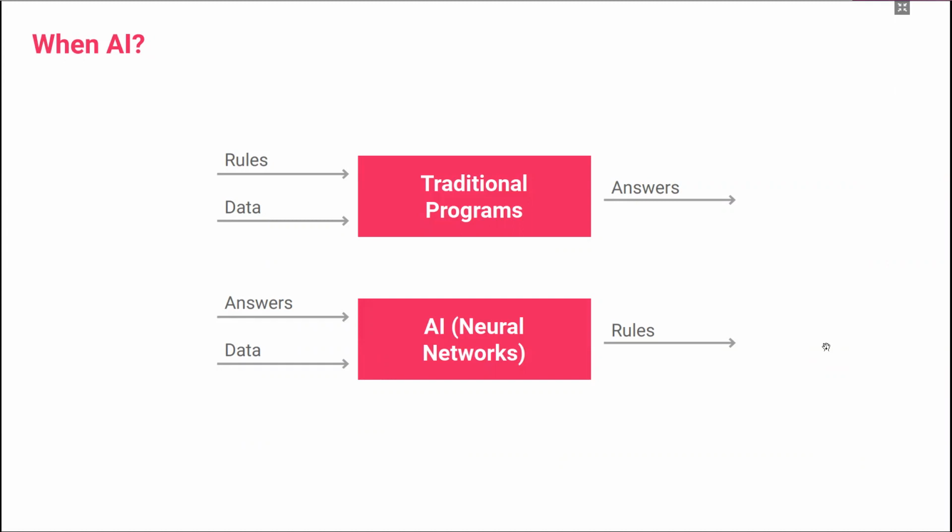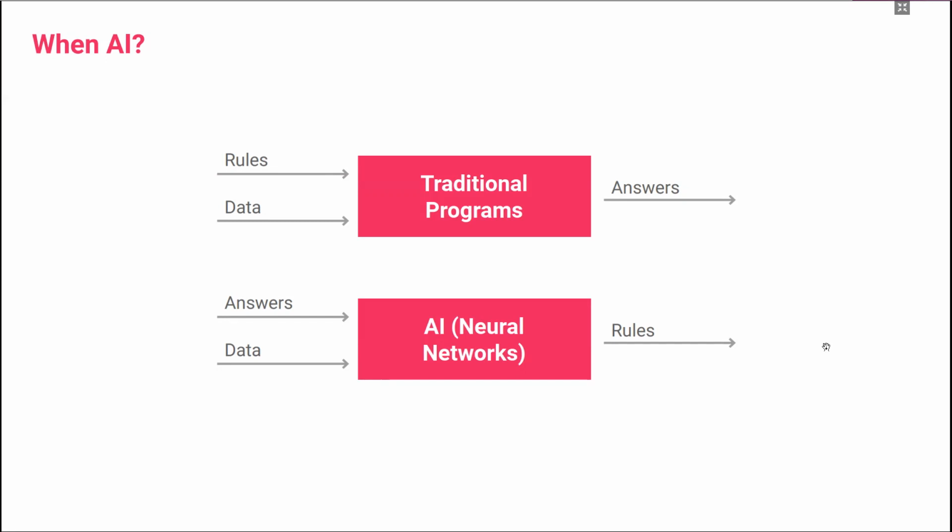So for the sake of your understanding, I want to sort of compare traditional programs with neural networks or AI. Many of you must have seen this image or this ideation. In traditional programs, or let's say in Grasshopper scripts, we define the rules, the algorithm is known, whichever phenomenon or process we are trying to automate is known, it's crystal clear, it's not a black box.